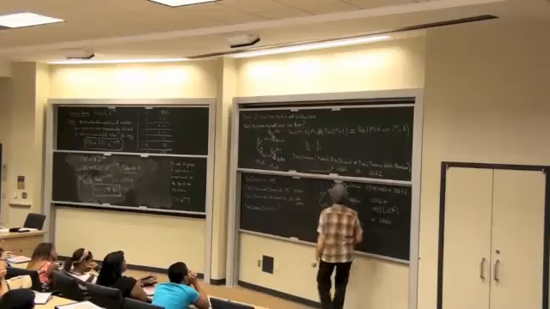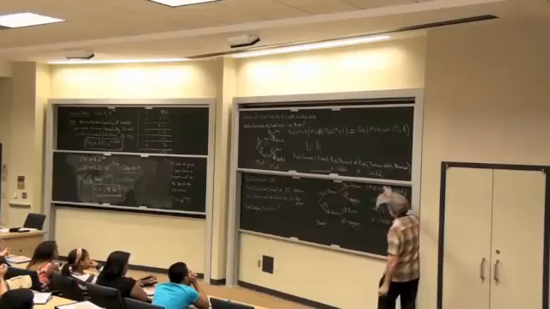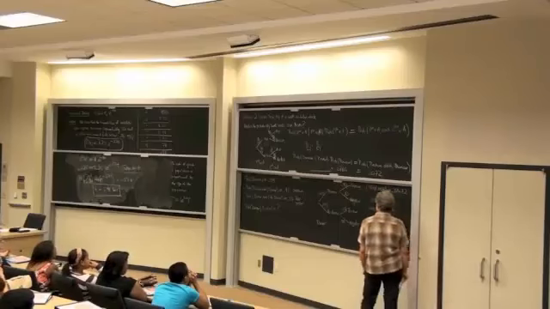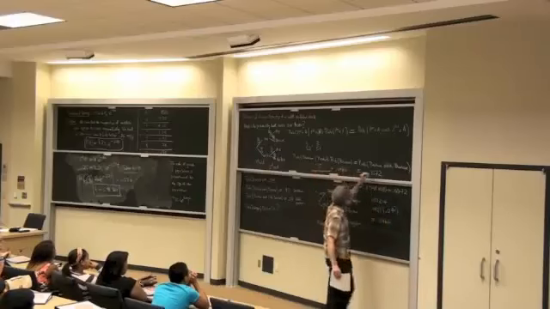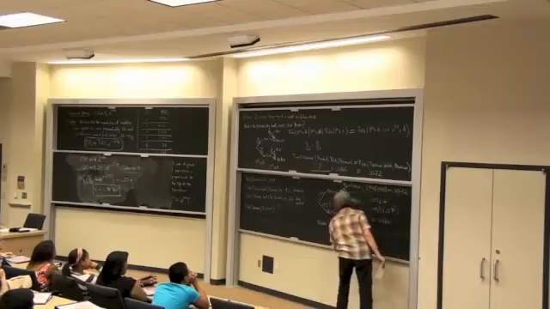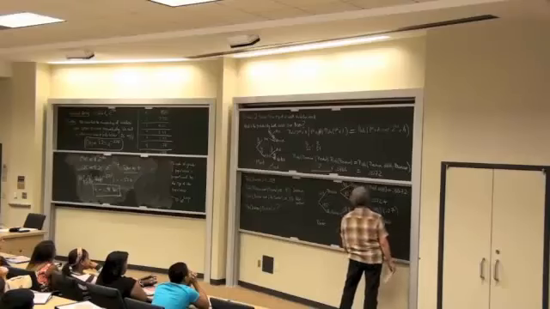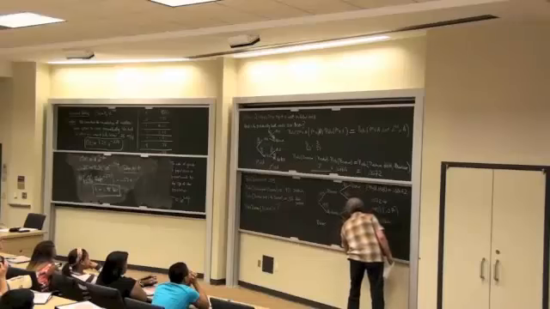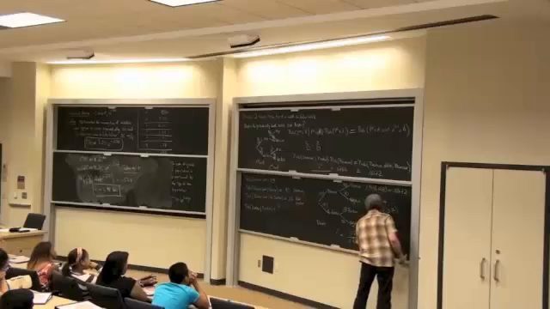This is the number we want. So we divide 0.0072 by 0.0766 to get the number we want. Question mark equals 0.0072 over 0.0766, and we get 0.09.